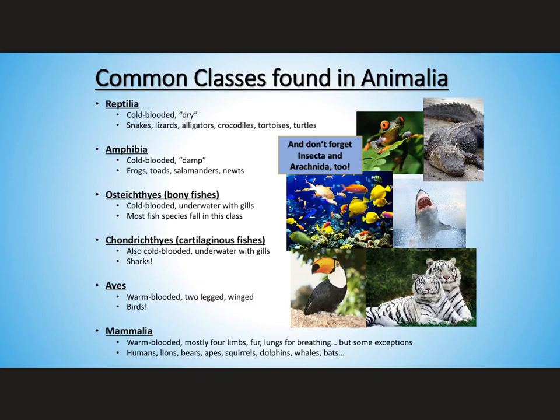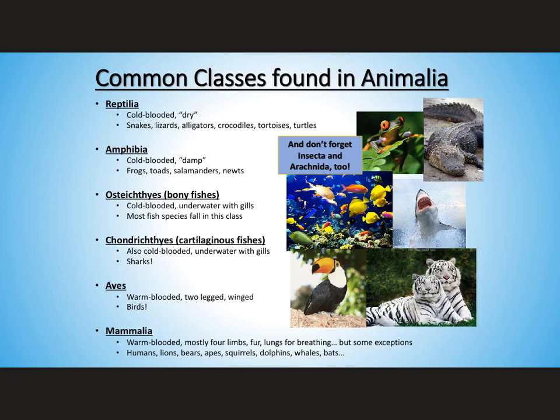Then we've got our fish, our underwater friends. Osteichthyes are the bony fishes, which I can't remember if this has come up this year or not, but fishes is the appropriate plural in science. I think the English language says you can say fish or fishes, but I had a professor at U of L who was a fish specialist, an ichthyologist, and he always talked about how it got on his nerves because people didn't use the appropriate fishes when they talked about them.